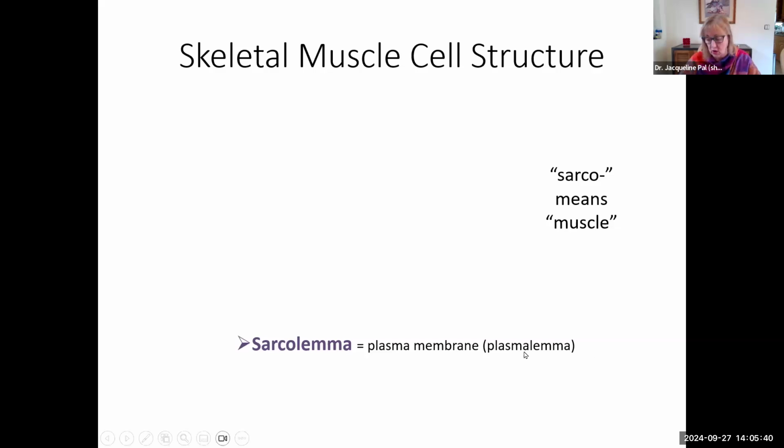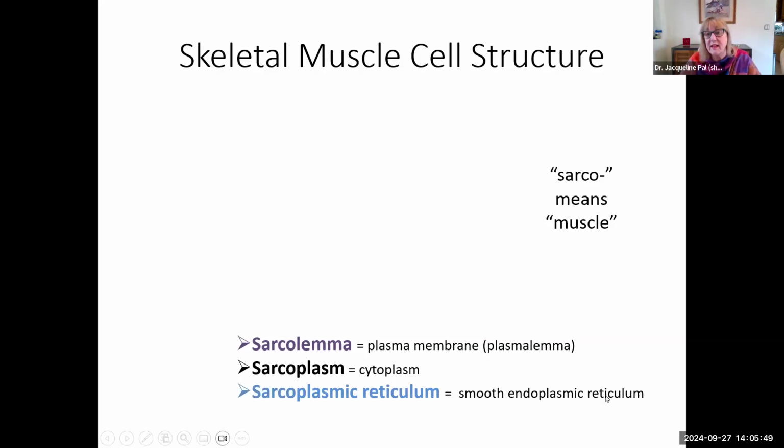So we call it a sarcolemma. Instead of calling it the cytoplasm, we would call it the sarcoplasm. Instead of calling it the smooth endoplasmic reticulum, we will call it the sarcoplasmic reticulum. And this way, anytime you hear those terms, you know you are talking about a muscle cell and not just a random cell in the body.